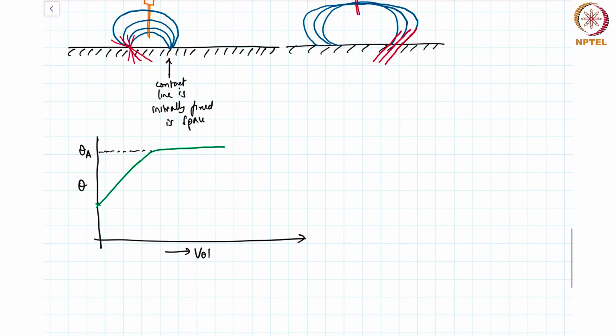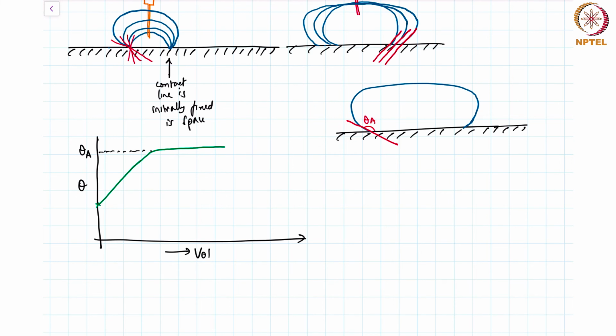So what kind of a droplet do we have now? The situation that we have now is a droplet which is having an angle which is at theta A. So that's theta A, right?